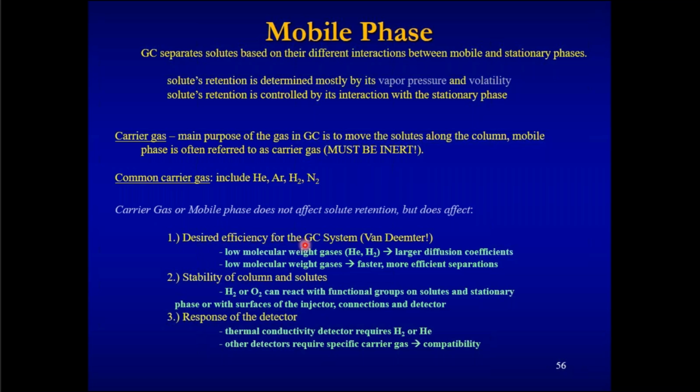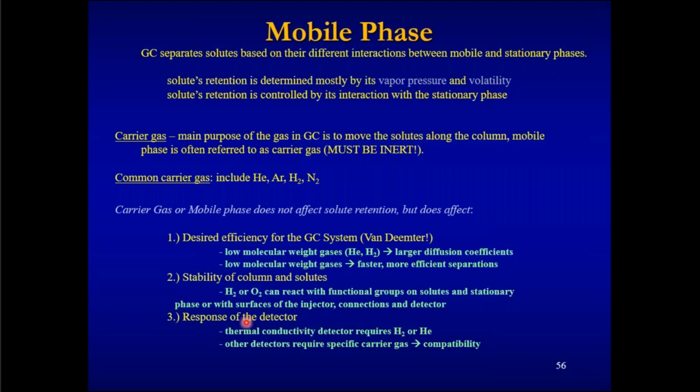It will affect the desired efficiency for the GC system, because low molecular weight gases like hydrogen and helium allow larger diffusion coefficients and they are also faster, they give much faster and more efficient separation. Because they can travel much faster, they will give you faster separations and more efficient separations. No band broadening takes place. This is one effect that you see based on the mobile phase, where it is a low molecular weight or light gas like hydrogen and helium.